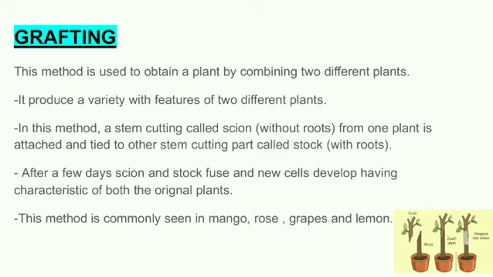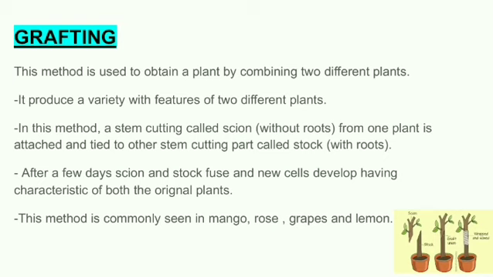After a few days, scion and stalk fuse or merge and new cells develop having characteristics of both the original plants. This method is commonly seen in mango, rose, grapes and lemon.